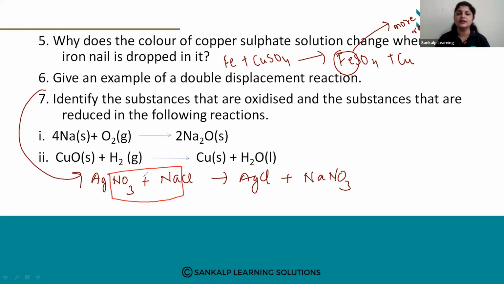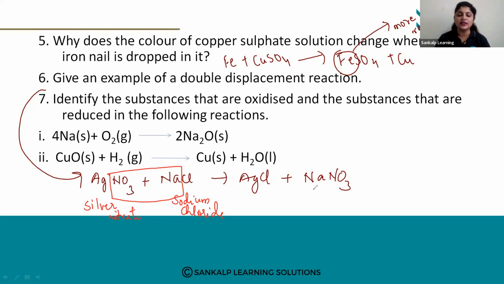The reaction is between silver nitrate and sodium chloride, giving you silver chloride and NaNO3. So this is an example of a double displacement reaction.